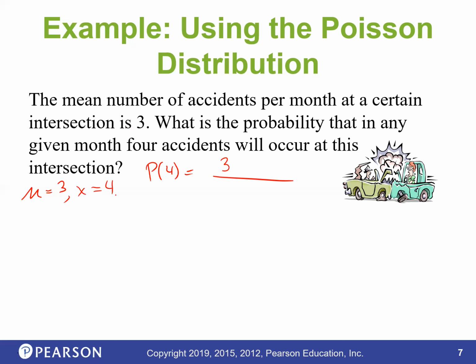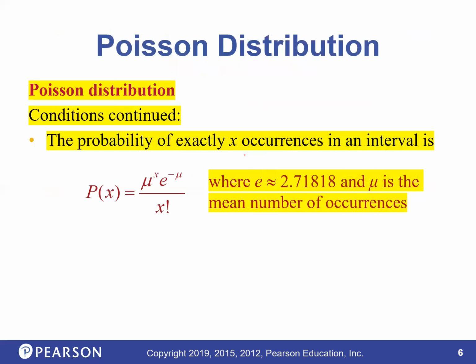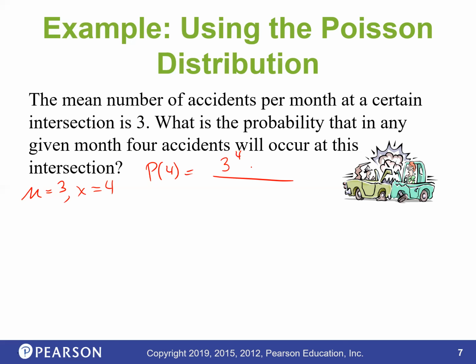The rest is part of my formula. Okay, 3 goes in, it's 3 to the 4th. Then it's e to the power of negative 3, over 4 factorial. Okay, a little more complicated formula.